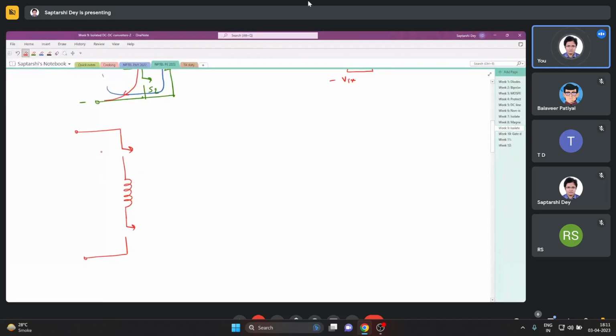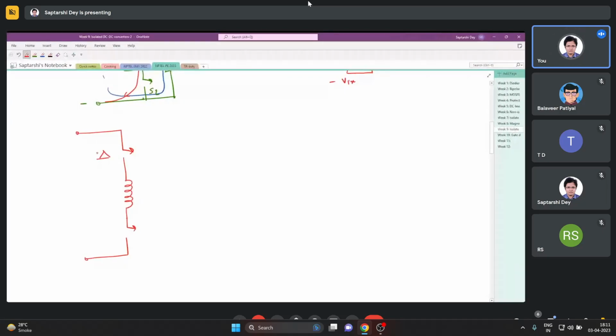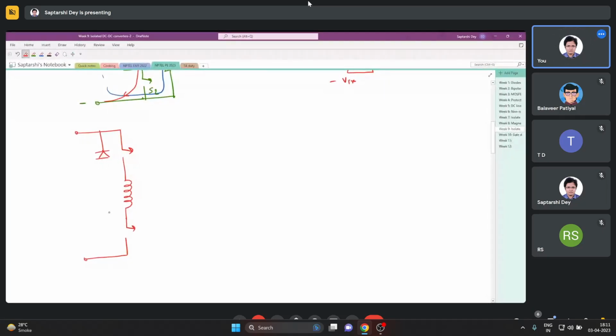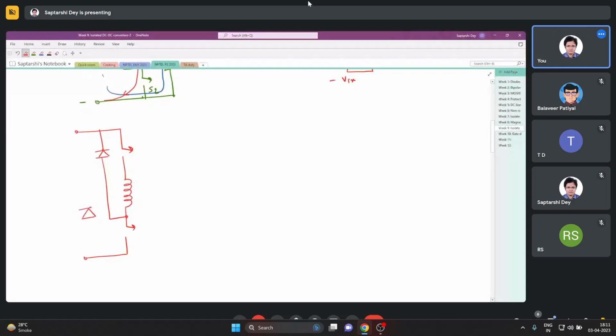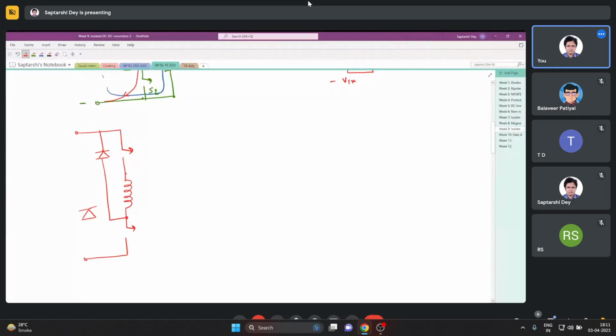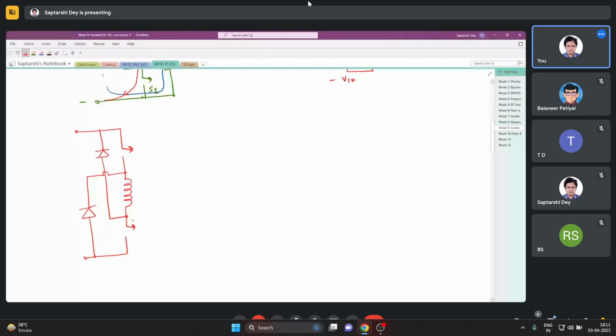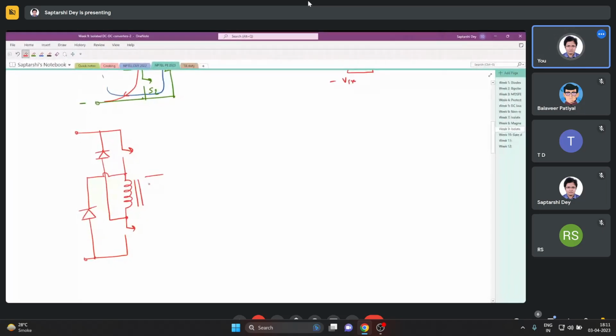Okay, same circuit I will draw once again, only thing is the diodes I will draw on my left hand side, like this, and this is the secondary of the forward converter.